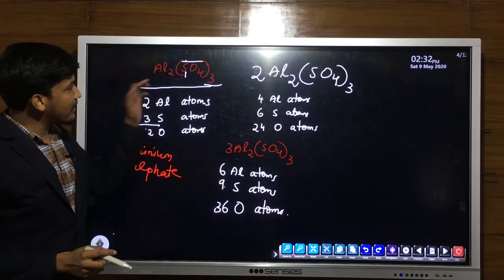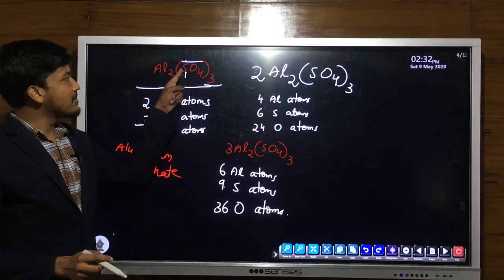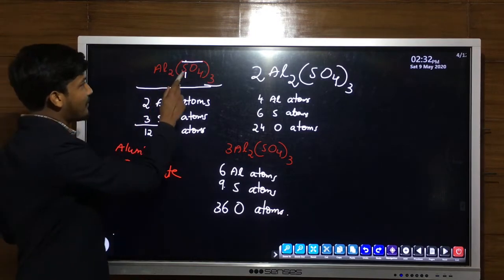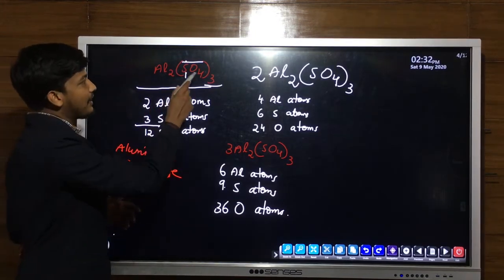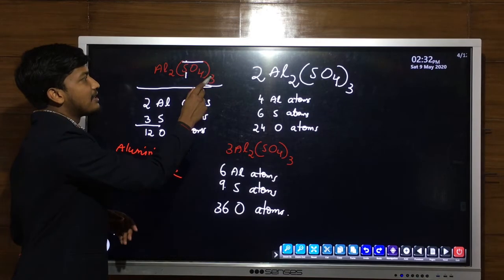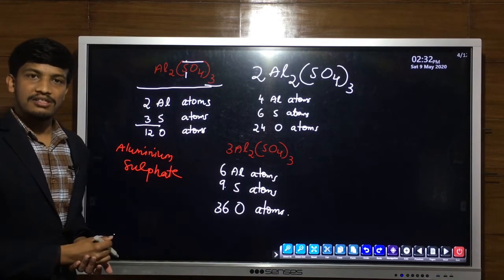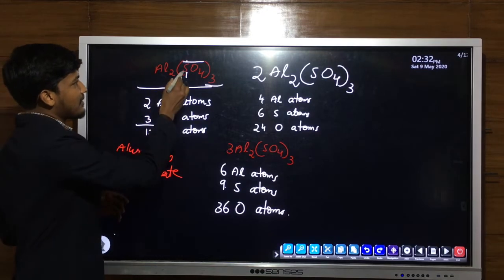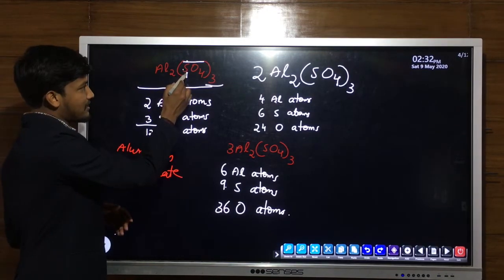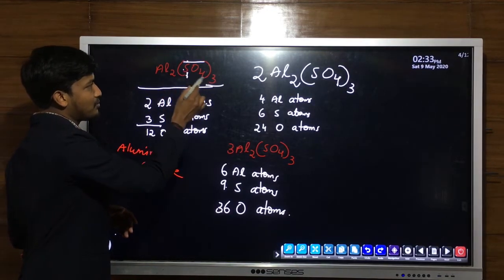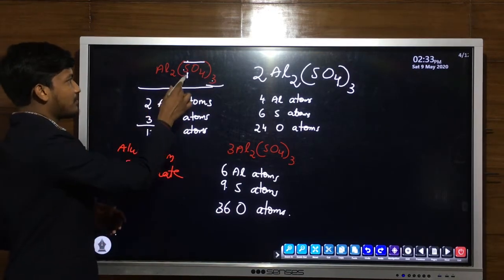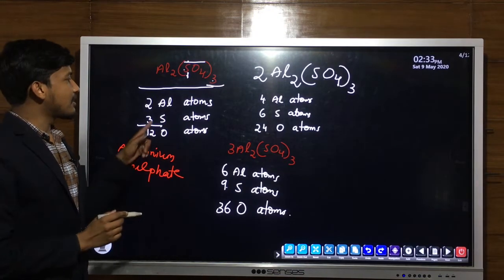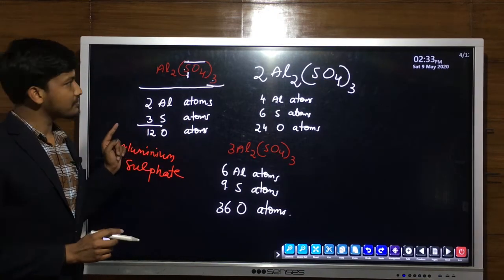In this case inside the bracket there are sulfur and oxygen atoms. So when you count the number of sulfur and oxygen atoms, we have to consider the number outside also. The number of sulfur atoms is 1 into 3, so 3 sulfur atoms.